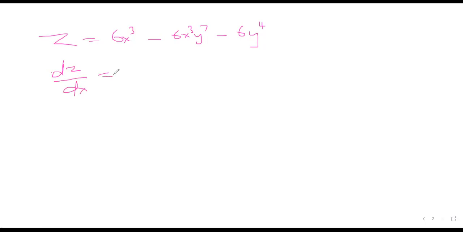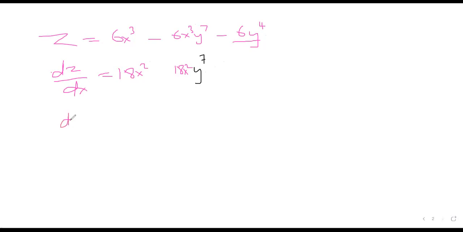If there's no x, we'll consider it as a constant. So differentiating this will be 18x to the power 2. Then in this case, our dummy is y. We're not interested in the y, so leave y as it is, don't touch it. Then we differentiate 6x^3. In its derivative, we're going to get 18x what? 2. Then the latter part here doesn't have an x. It will fall out as a constant.